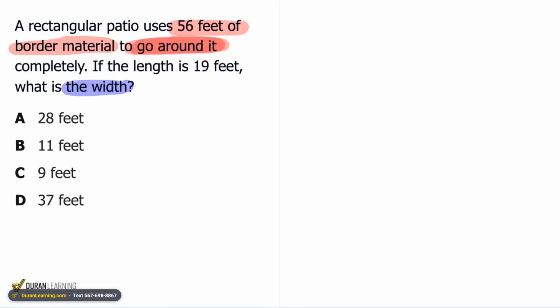When it comes to geometry and word problems, going around a shape, that's perimeter. That is perimeter all day. And so that's what we're given. The 56 feet of material going around is the perimeter.